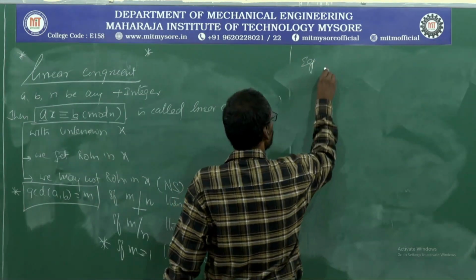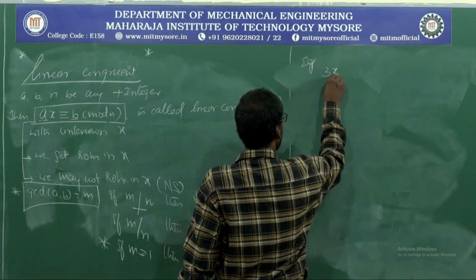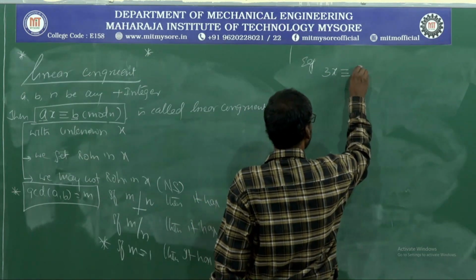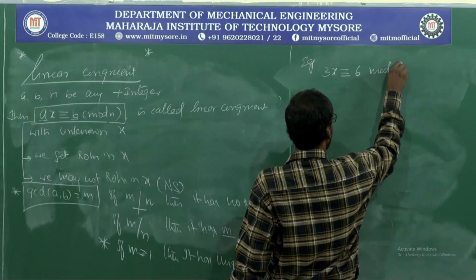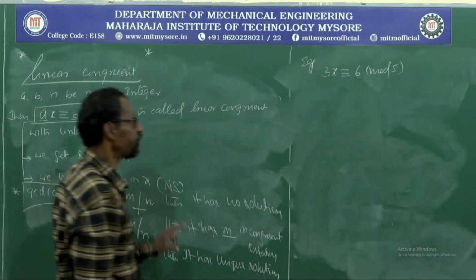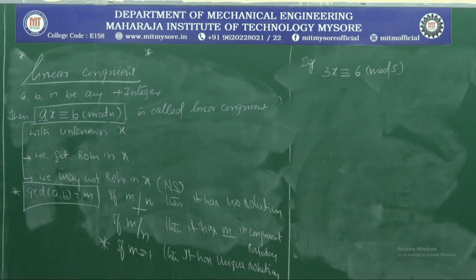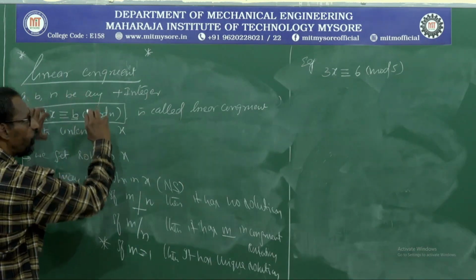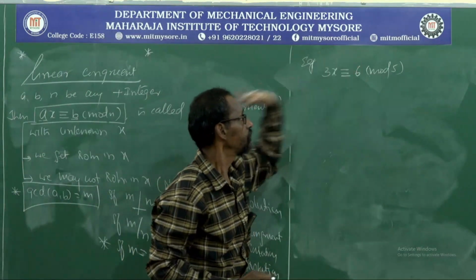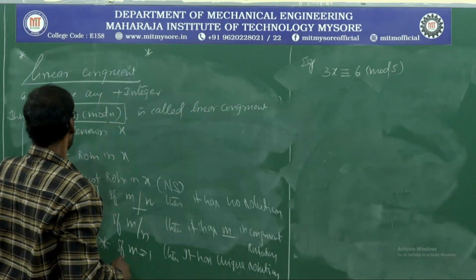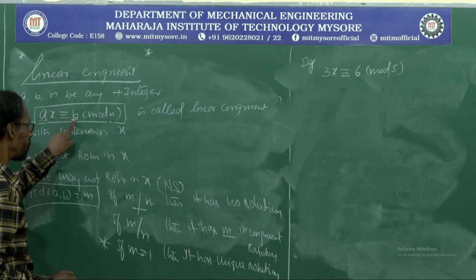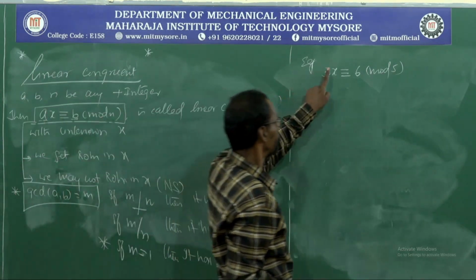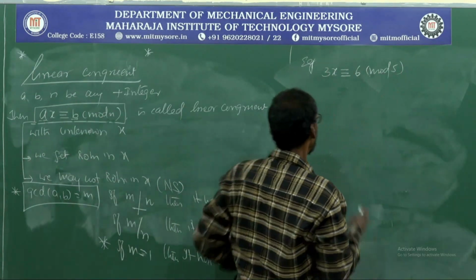I'll go with an example. Consider 3x congruent to 6 mod 5. Carefully observe. Compare the standard form Ax congruent to B modulo n with my particular case, 3x congruent to 6 modulo 5.